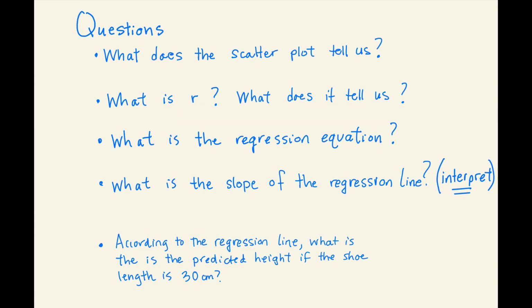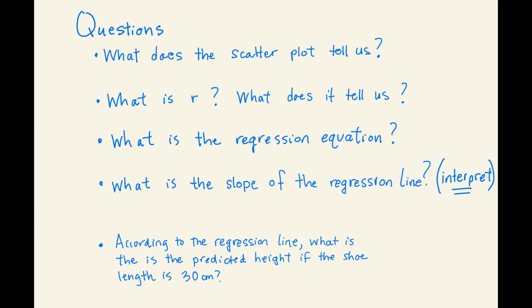We can also use StatCrunch or other technology to find the regression line. Once we have the regression line, we can ask, what is the slope of the regression line and what does it tell us? How do we interpret the slope? Finally, in the case that there is a linear relationship, we can use the regression line to predict heights.